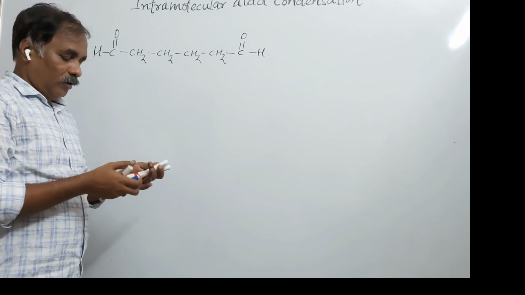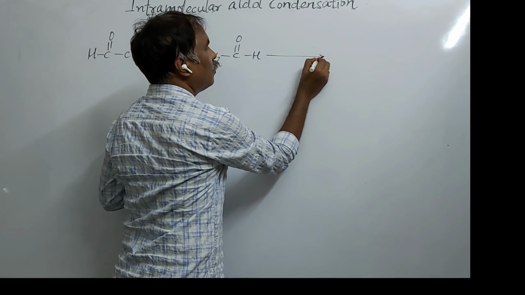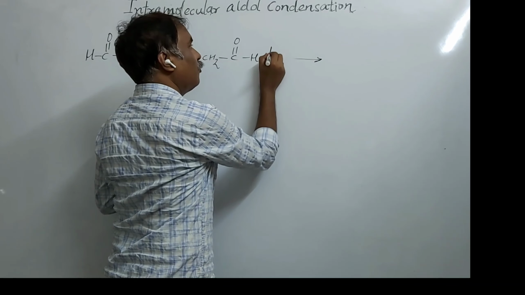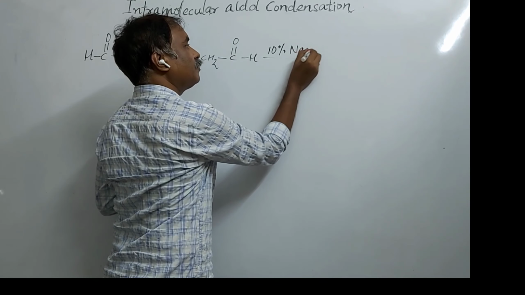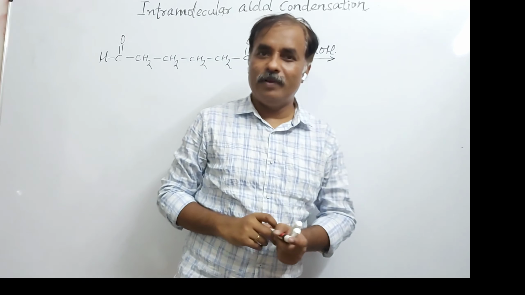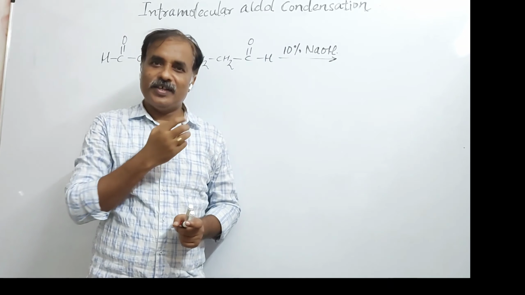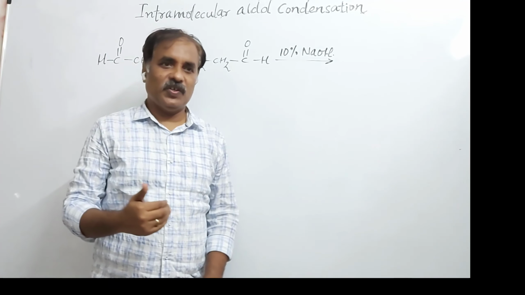So here is a reaction of this compound with a strong base, like 10% sodium hydroxide. What is the product? Definitely the product will be aldol. But this is an example of intramolecular aldol condensation, and there is formation of carbanion.